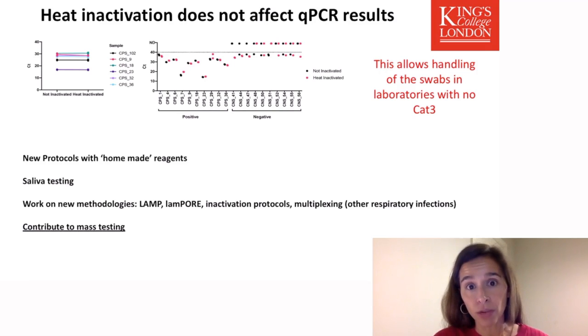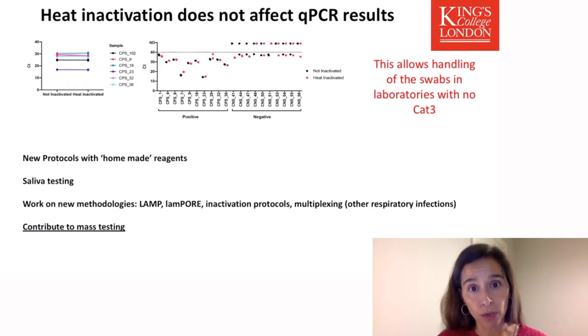So at the moment in the June Almeida lab, what we are doing is developing new protocols using our homebrew and homemade reagents. We are also evaluating saliva for testing because it's a much easier material to use and avoids the nasopharyngeal swabs. And we are also working on new novel methodologies, including LAMP, including LAMPOR.